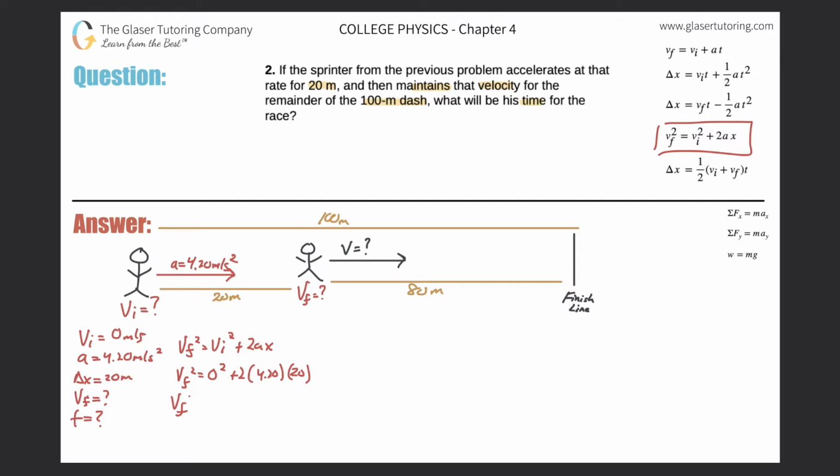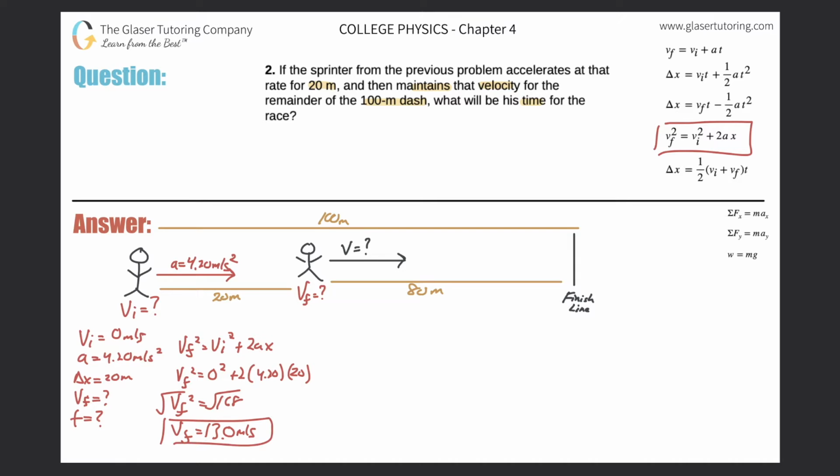So let's just plug that into the calculator. We have 2 times 4.2 times 20 is 168, and then simply take the square root of that. Considering significant figures, this is 13.0, and that's in meters per second.